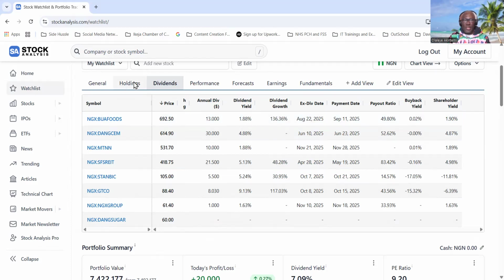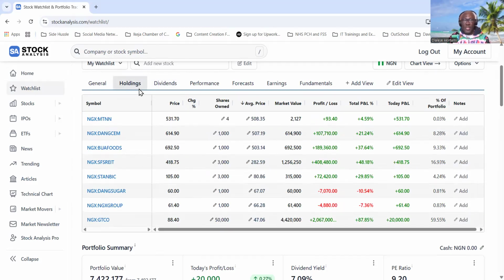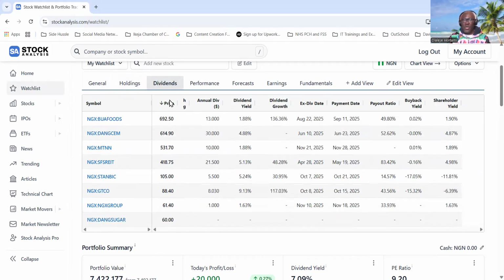All you need to do is click on holding, put in the name of the stock you own, put in the number of shares you have for each stock, and put in the average price. Everything else will be done for you. So if you come into the dividend area, everything else would have been done for you.